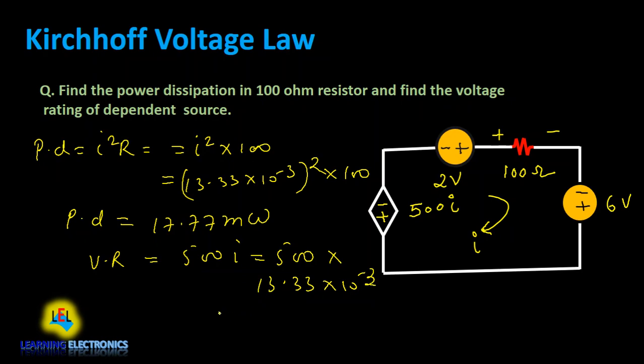So voltage rating will be equal to 6.67 volt. And the power dissipation we got here is 17.77 milliwatt. So in this way we can find out the values by applying Kirchhoff's voltage law.